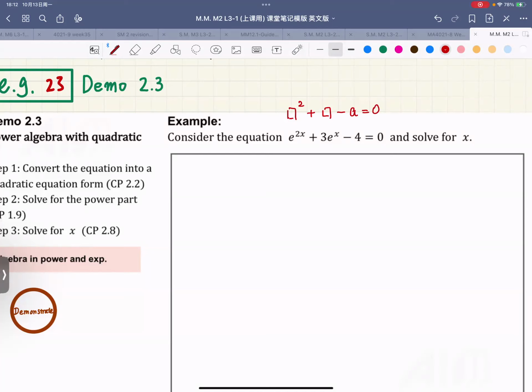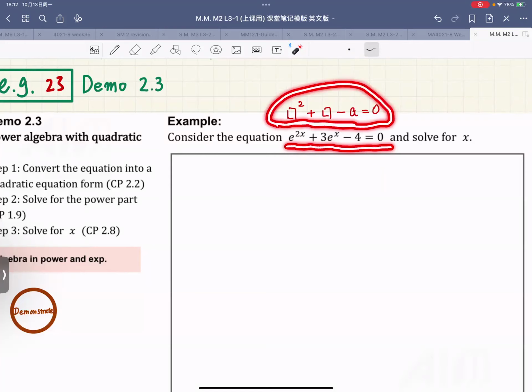Can you see the link between this equation and that format here? Can you link these two? All right, let's have a look. Basically, that's a quadratic. Okay, let's break it up.